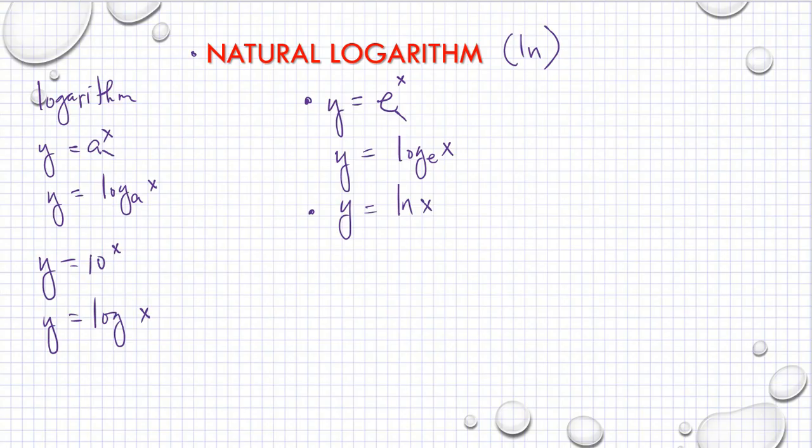So in logarithm, I will always go back to logarithm first. In logarithms, we have y is equal to a raised to x if and only if x is equal to logarithm of y with the base a.